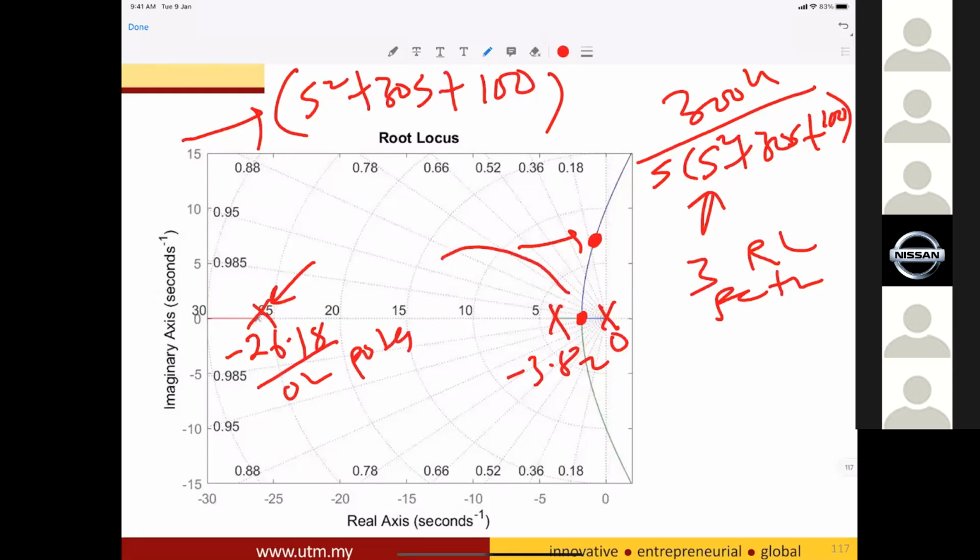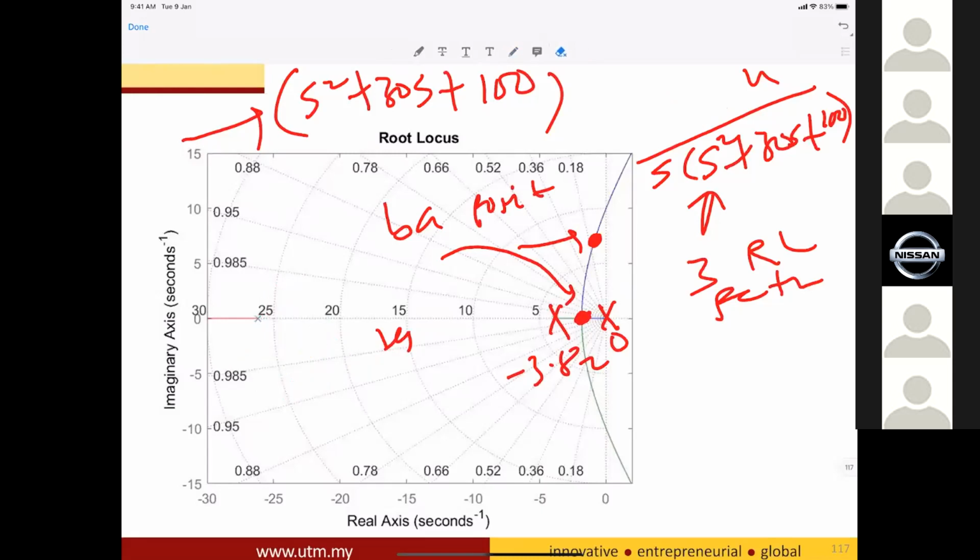No, this one, the breakaway point. So is the breakaway point an open loop pole or a closed loop pole? Closed loop pole, because it is on the root locus plot. Understand, everyone? Okay, so I leave it first.